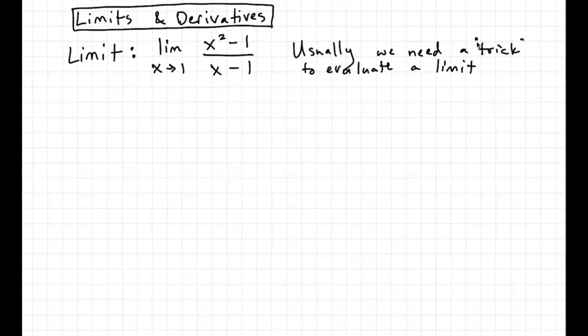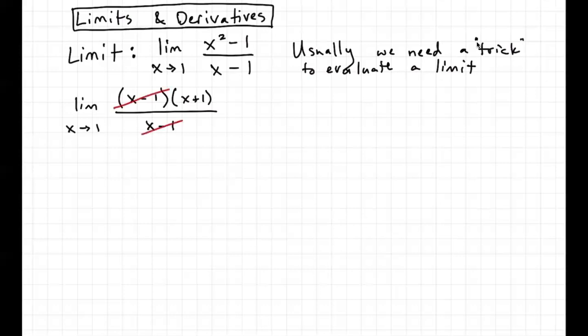Here, what we're going to do is we're going to expand the quadratic on the top. So this expression is equivalent to the limit as x goes to 1. If we expand the top, we get x minus 1 times x plus 1 on the top. And I'll leave it to you to confirm that, in fact, when you do FOIL that out, you get x squared minus 1. Because this is how we can do it, then we can cancel these two things.